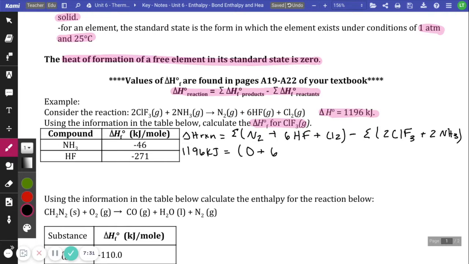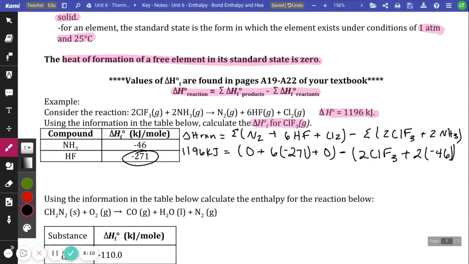Plus 6 times the enthalpy of formation of HF, so negative 271, plus the heat of formation for chlorine, also going to be 0 because once again we've got an element, minus, again, we don't have our heat of formation of chlorine trifluoride because that's what we're looking for. So minus that, plus 2 times the heat of formation of NH3, which is going to be negative 46.